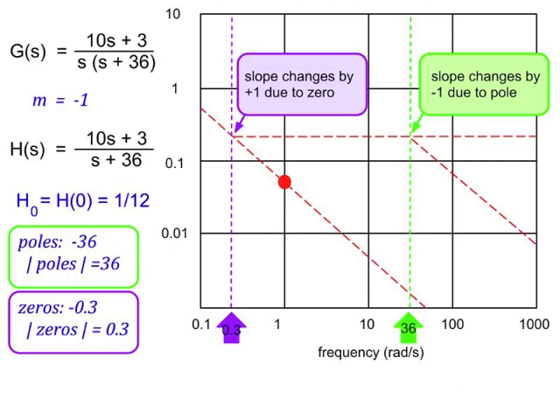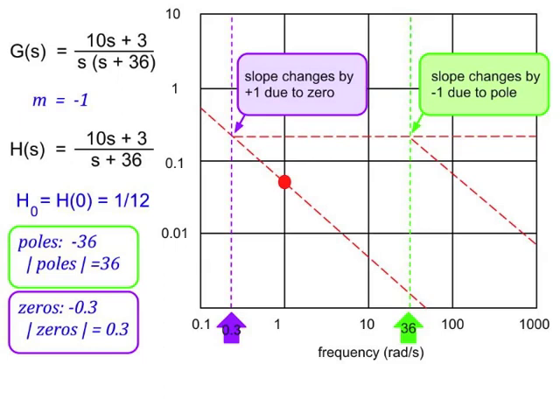As before, we can find m is equal to -1. H(s) will be (10s+3) over (s+36). And H sub 0 will be 1/12 as before.